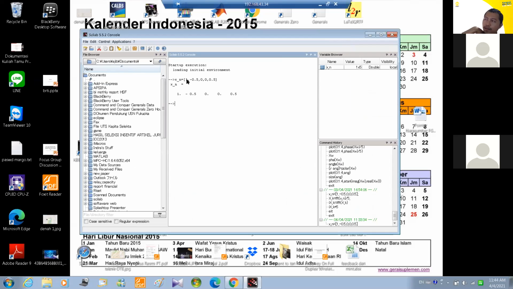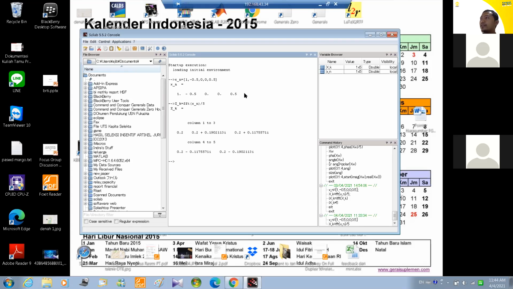This is actually the xn. And then we want to compute the Xk. Xk is actually the FFT of xn divided by 5. Why 5? This is because one period is 5. So we got this one.